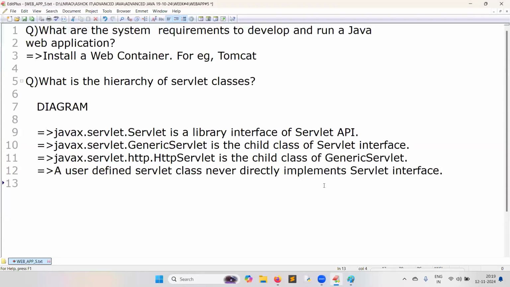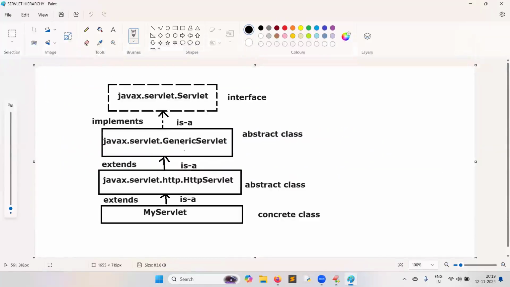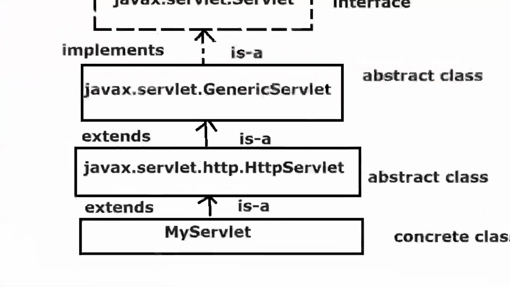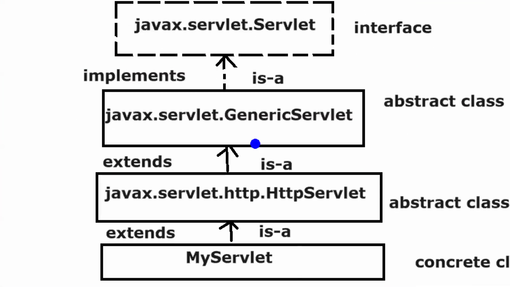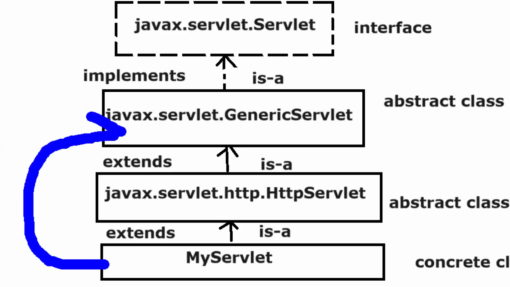So from now onwards, whenever you want to develop a servlet, your class must inherit from either generic servlet or HTTP servlet. But in real time, it always inherits HTTP servlet. Only for two examples, our servlet extends generic servlet.